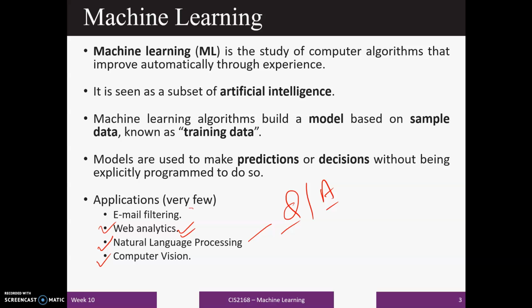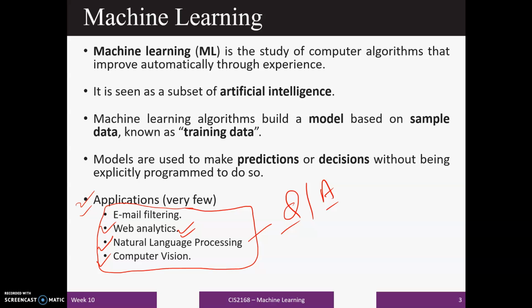So these four are the applications I have listed under this bullet point, the application area of machine learning methods. There are so many applications you can find these days where researchers or practitioners use machine learning methods or algorithms or models to analyze the behavior of the data.